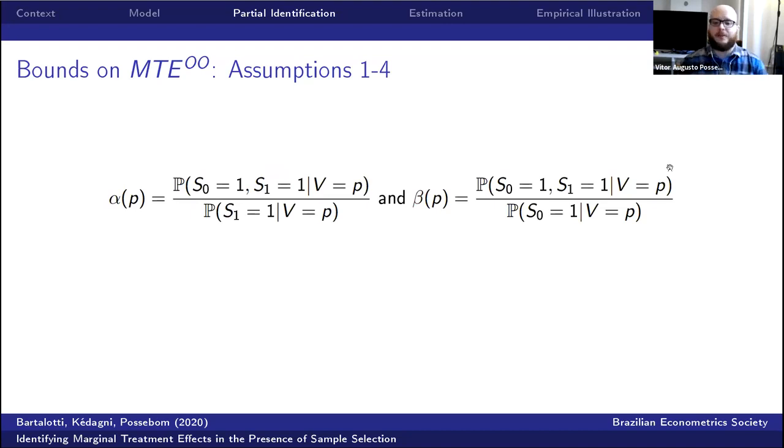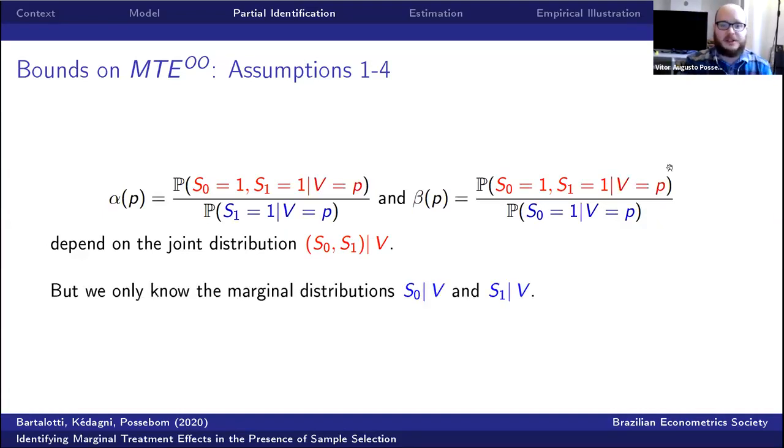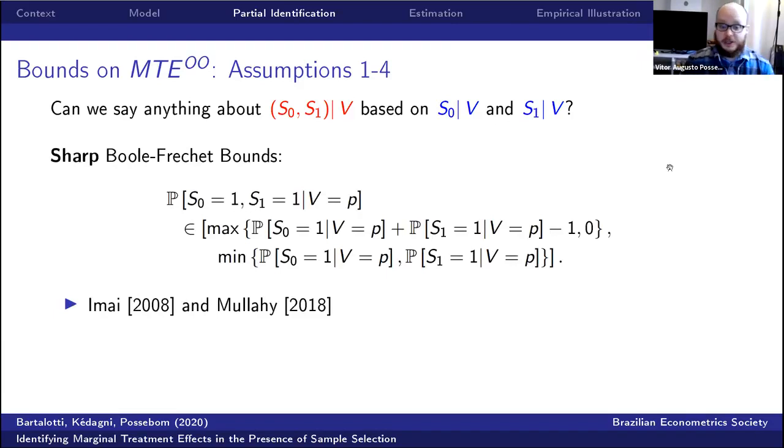So basically, alpha and beta depend on the joint distribution of S0 and S1. However, we only know, or at least we can identify, the marginal distributions of S0 and S1. Can we say anything about the joint based on the marginal distributions? The answer is actually yes, we can.